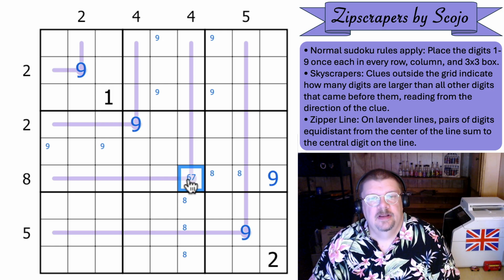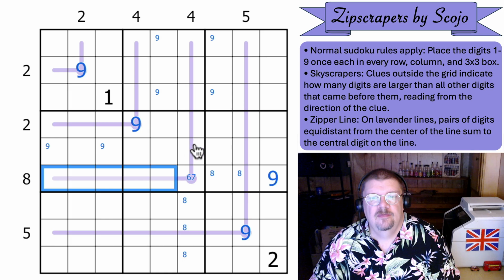If this were a 6, then this would have to be 1, 2, 3, 4, 5. This would have to be 1, 2, 3, 4, 5 that way. So we'd see the 5 there, we'd see the 6 there, and we'd need to see 2 more digits.